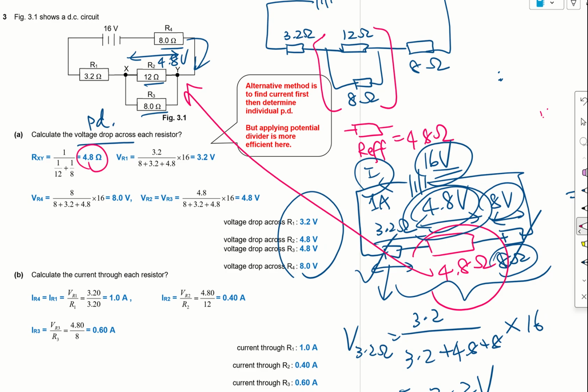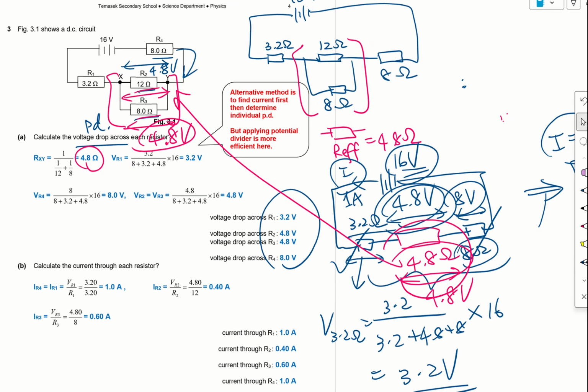So if I were to treat this as a whole bracket, the resistance is actually 4.8 ohm. But this 4.8 ohm is actually formed by these two resistors in parallel. And because the potential difference across these 4.8 ohms is 4.8 volts, therefore across here must also be 4.8 volts. In parallel connection, the potential difference will be the same. So since these two are connected in parallel, they will both have the potential difference of 4.8 volts.